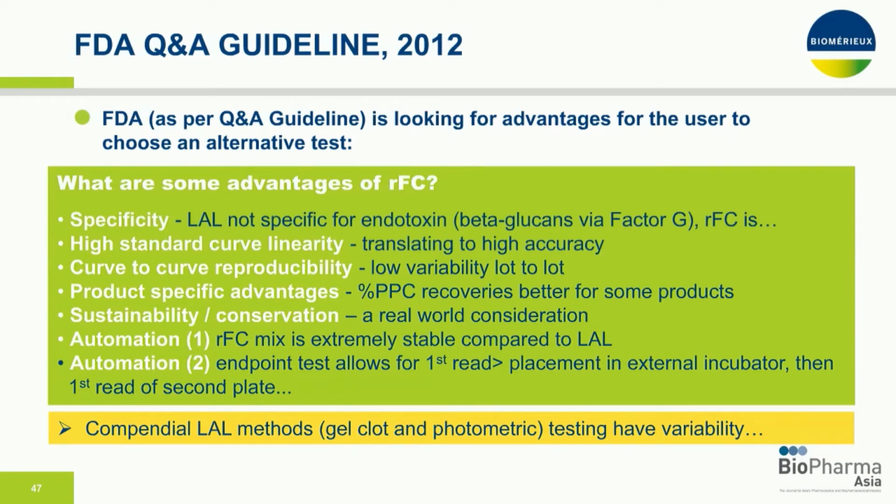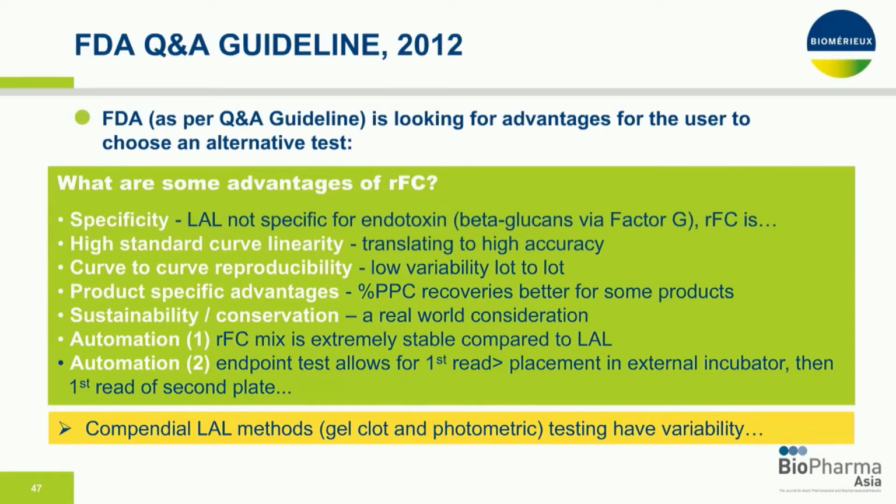We have high standard curve linearity and curve-to-curve reproducibility. So if you put these standard curves together, they really sit right on top of each other without much natural variability. We're going to talk about in the next few slides some product-specific advantages because product to product, you can see some tests work better than others, even within LAL itself.